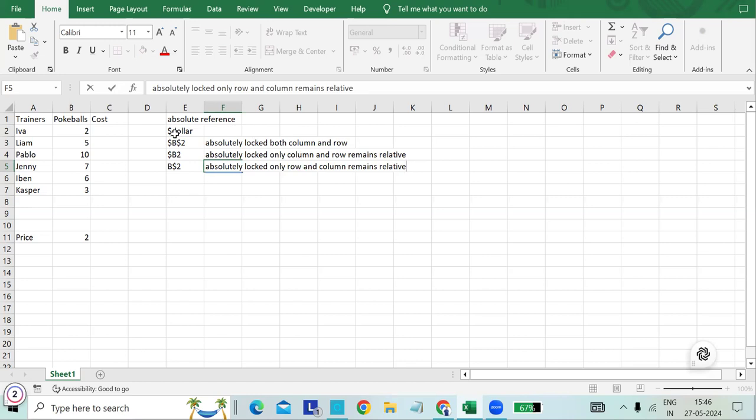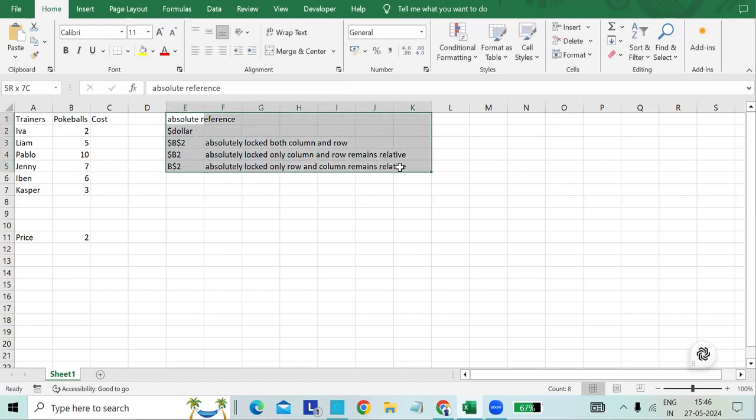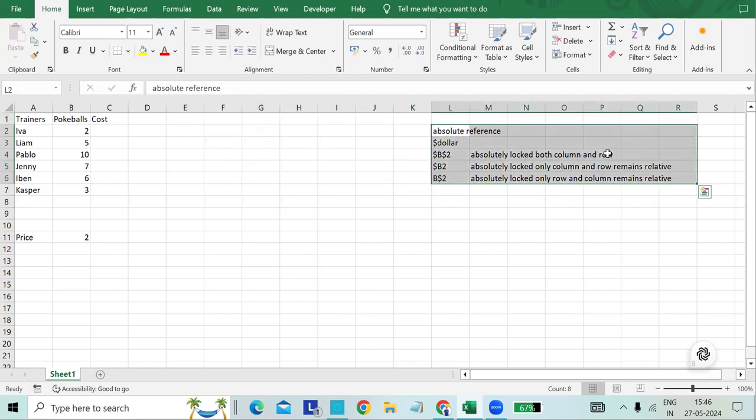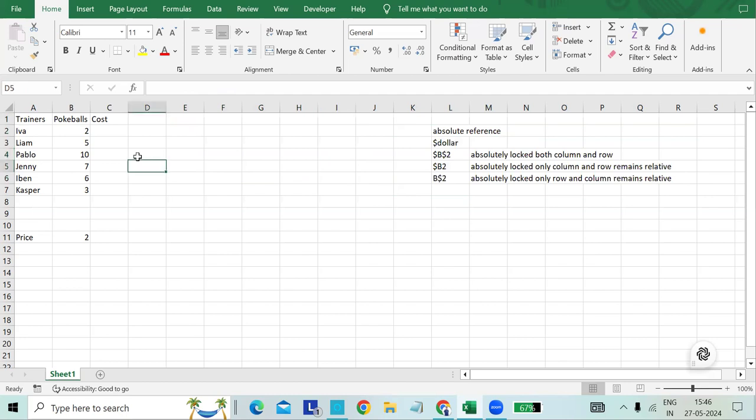So we will see this example in this class. For this, I have included some data.